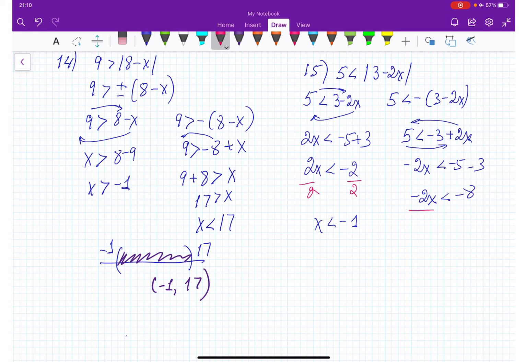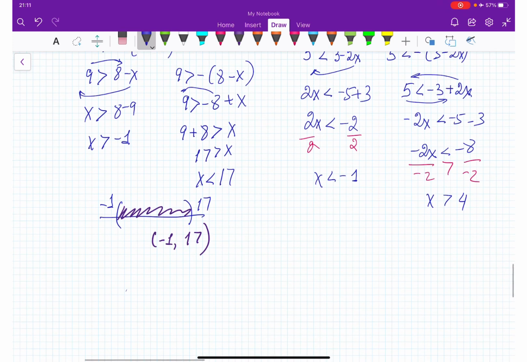So we divide by -2, divide by -2, flip this sign, and the result is x greater than 4. So as you can see, it's going different ways. Say this is -1, this is 4, less than -1, more than 4. So we have to use or, right? We can't write this down as an interval here because it's going away from each other.